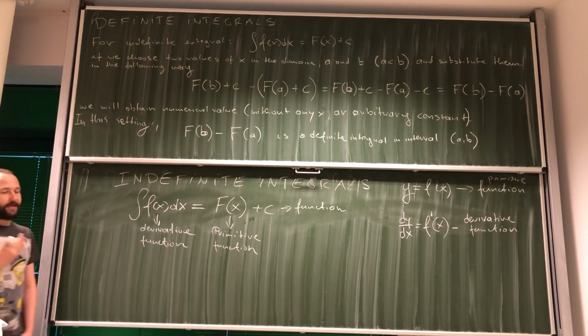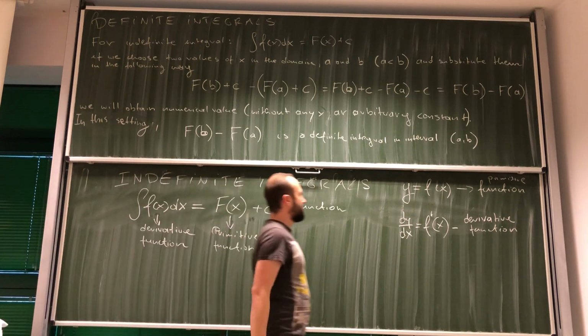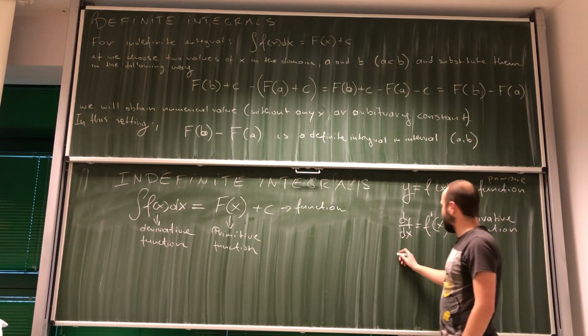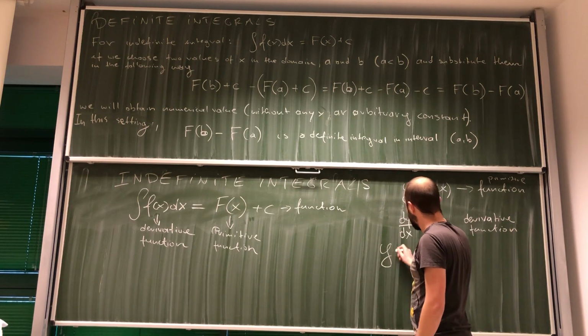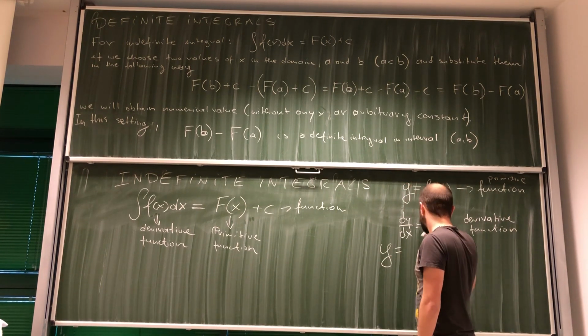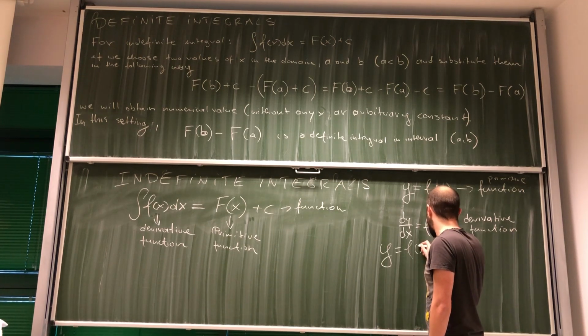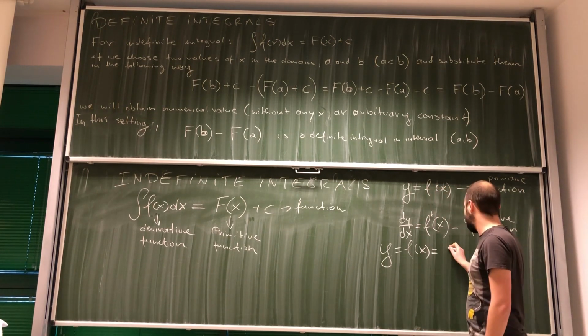And we said before that derivative measures the slope of a function at a given point. Let's do it with a very simple example. Let's say that y is some function of x and it's equal to x squared.